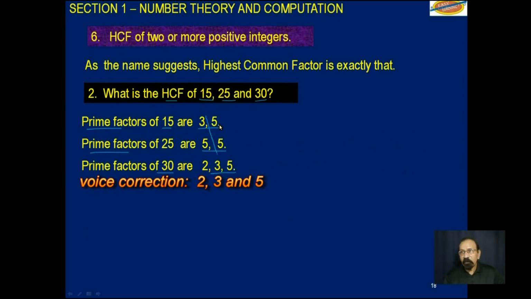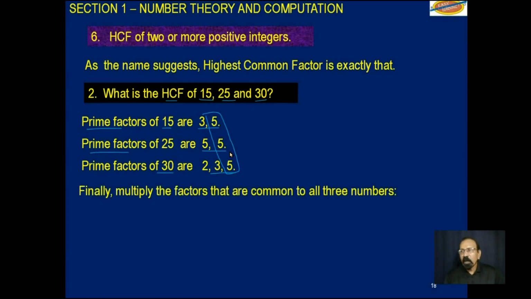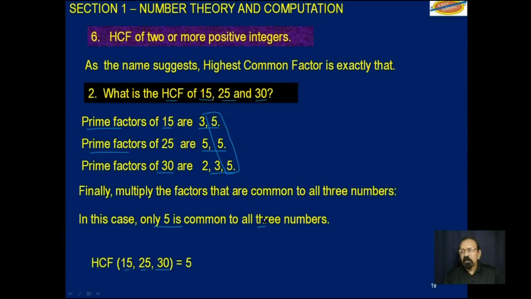Yes, we only have 5. We don't have anything else. Now, if we had something else, we will multiply that something else with a 5. But because we only have 5, that is it. We multiply the factors that are common. Well, we only have 5. So 5 is the only common factor. So the HCF of 15, 25, and 30 is 5.